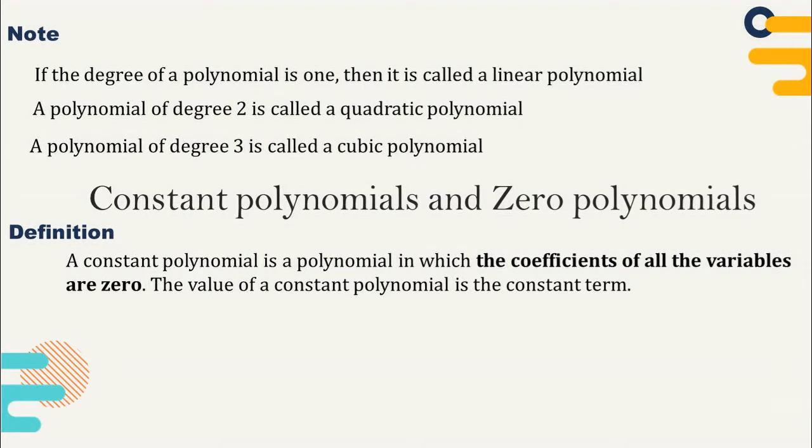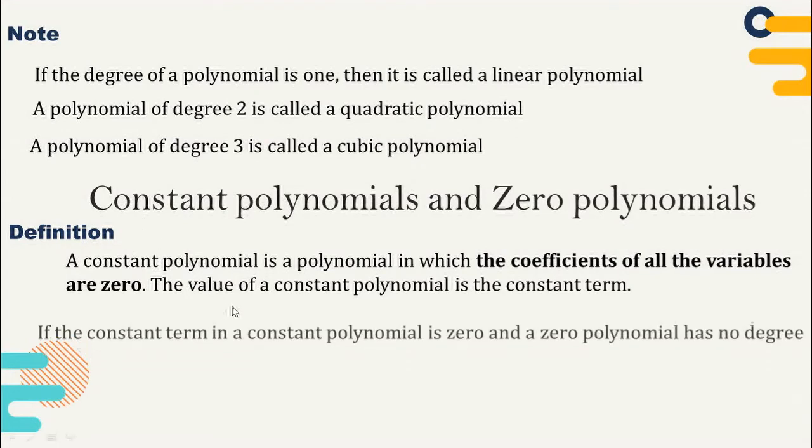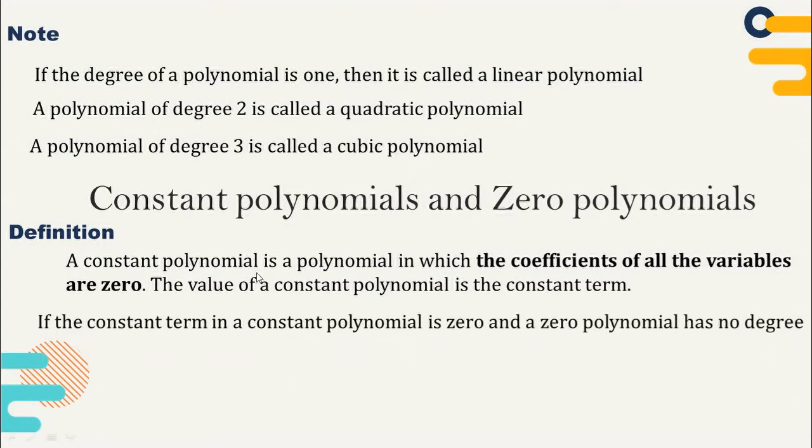Remember that the coefficients of all the variables are 0, everyone. So you need to make every coefficient 0, and then you will get the constant term. And then what is a zero polynomial? If the constant term of the constant polynomial is 0.